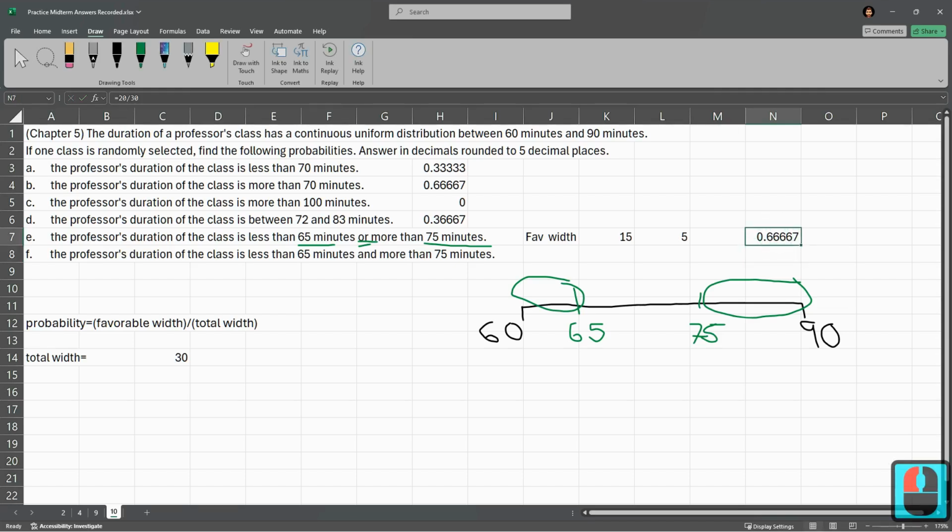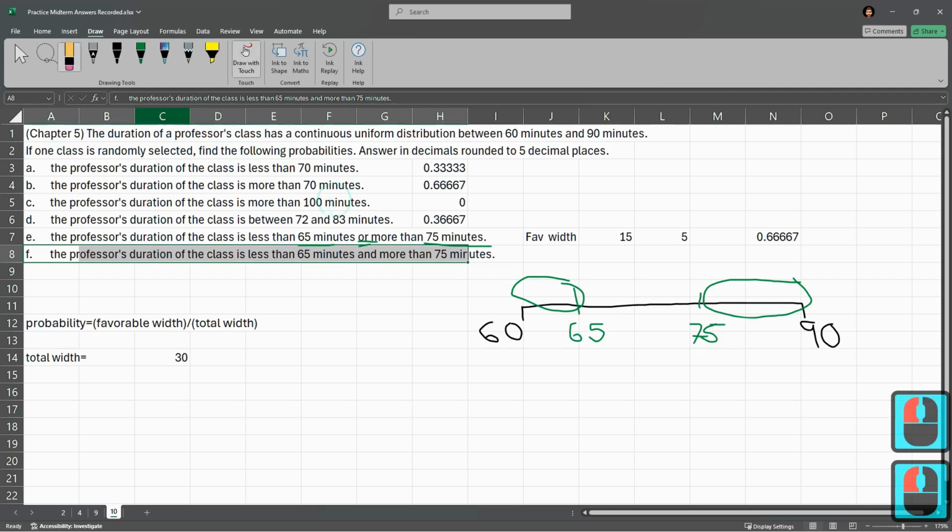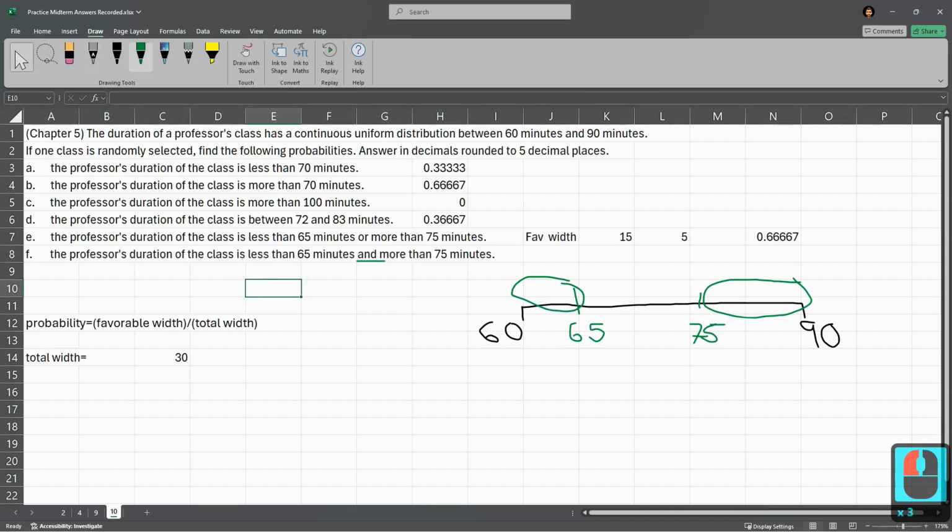All right, part F, less than 65 and, so same numbers, but we're using the word and right here. So how does that change things? So the difference is when you use the word and, both this and this must be true.